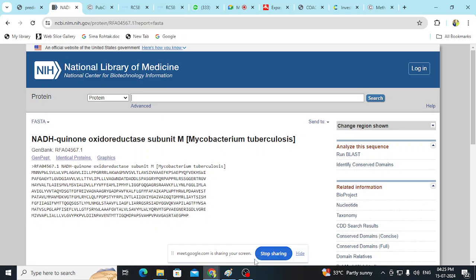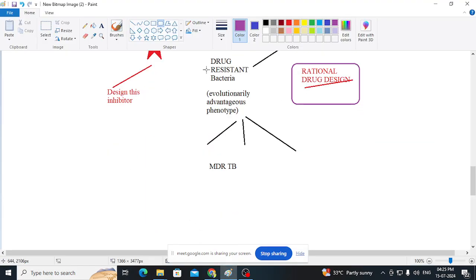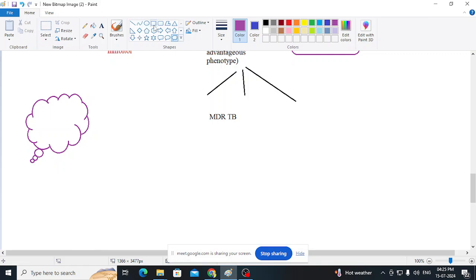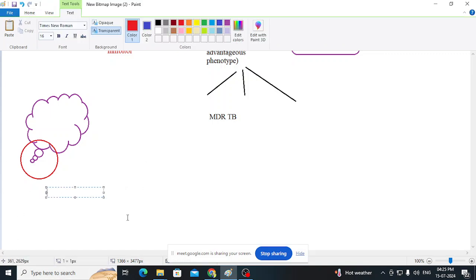So again, coming back to this, consider that this is your protein. Out of the whole area, you identified that this area is highly hypermutable, okay? Hypermutable domain. Understand very, very critically.